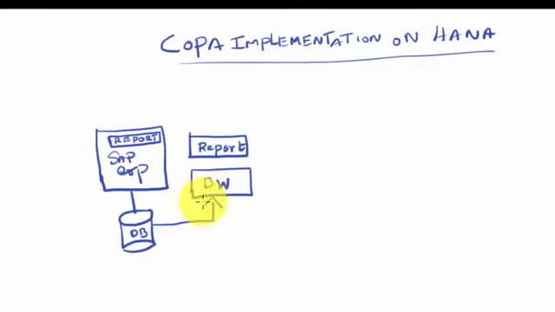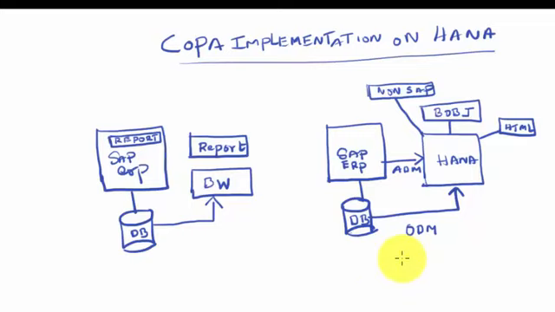So they have come up with a new way of doing things with HANA. Let's see how that looks. Let's say, for example, we were talking about the COPA report. The COPA report has some fundamental tables like CE1, CE2 for the transaction tables, and then we have master tables which are characteristics.